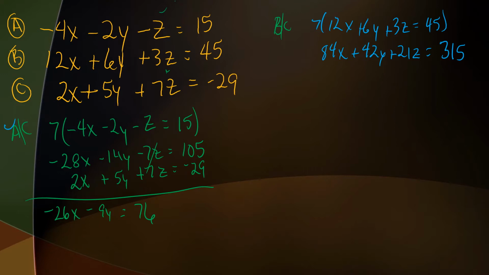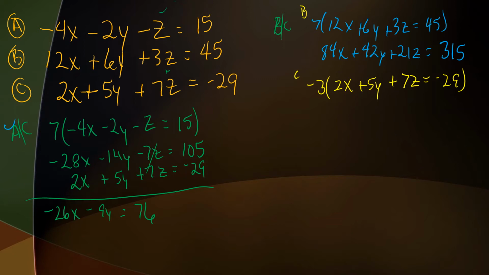Now, let's take the C equation, and this was the B equation. Let's take the C equation and let's multiply it by negative 3. So I got negative 3 times 2x plus 5y plus 7z equals negative 29.